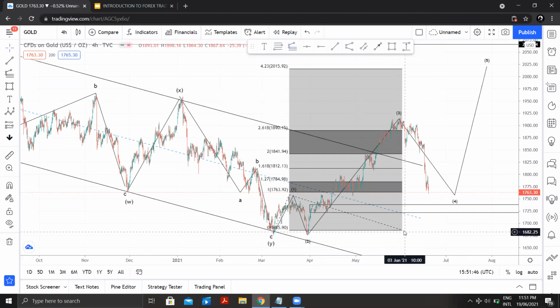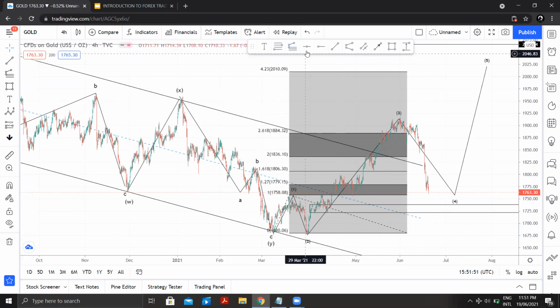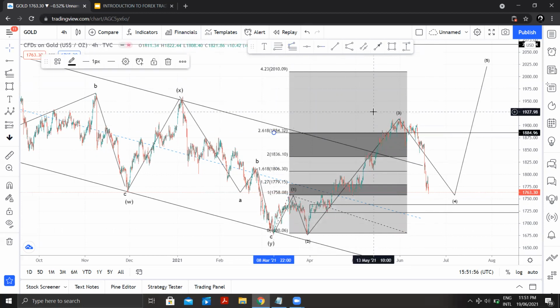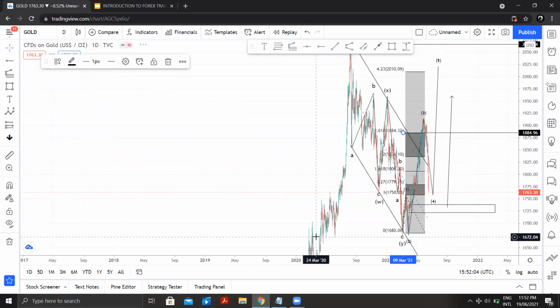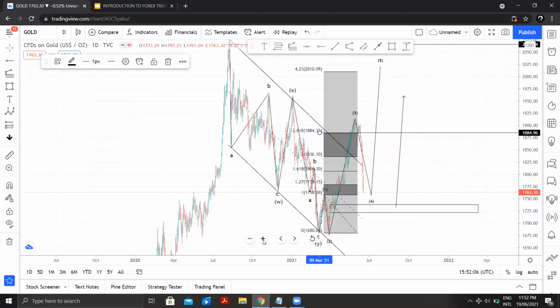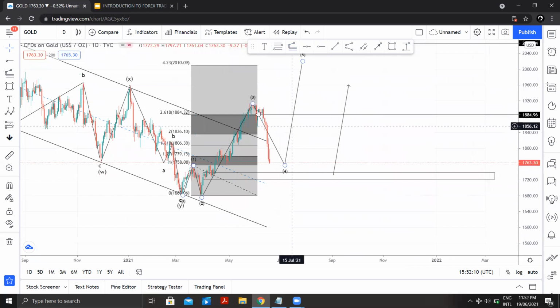What do we have here? Our 2.618 extension at this level, 188.4, and price stopped. If we check the daily time frame, price broke above the level for wave B just a bit.